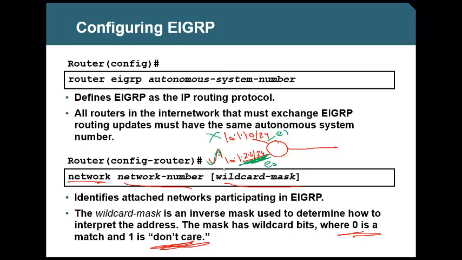So what I can do is, it's very easy. I can go and say network 10.1.2.0 0.0.0.255 as a wildcard mask.